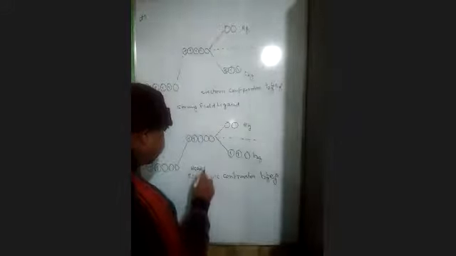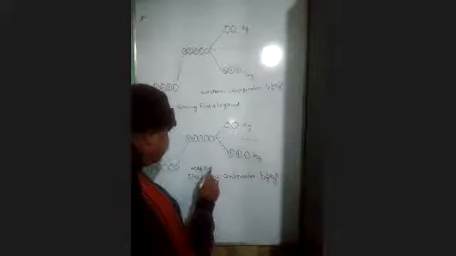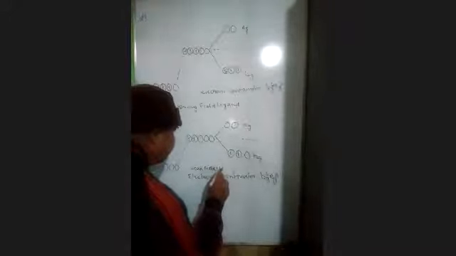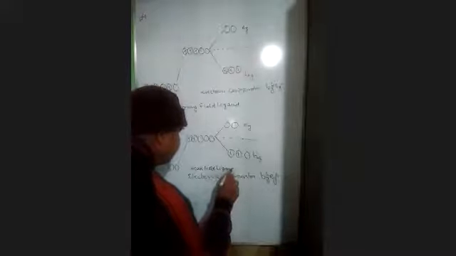But when we go for the weak field ligand, please write there, I forgot to write. So now when we go for weak field ligand, see here. In this case, it's very interesting.